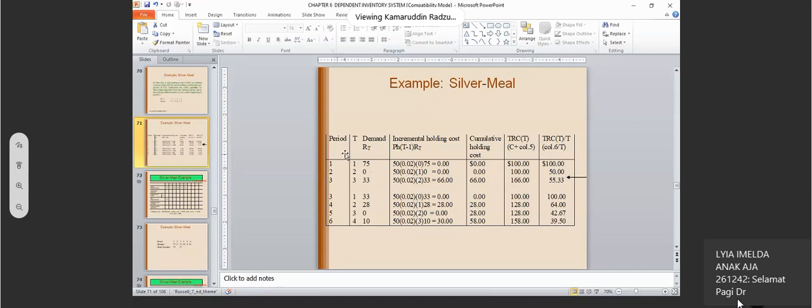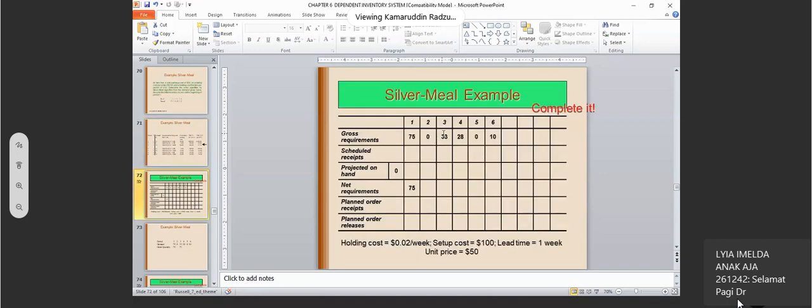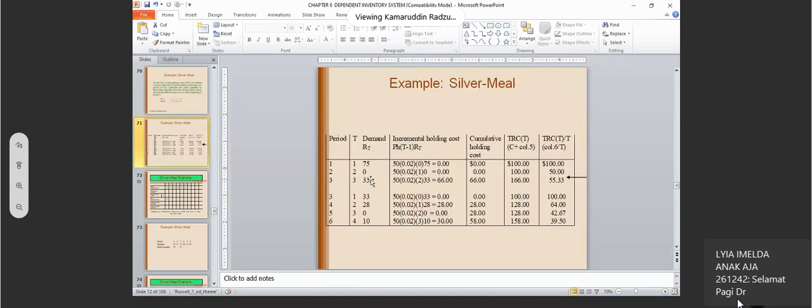So we put the third period here in our analysis, and the T here will become 3, and the demand RT here will be 33, based on the gross requirement in period 3.